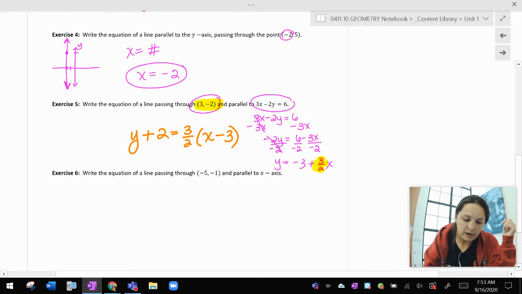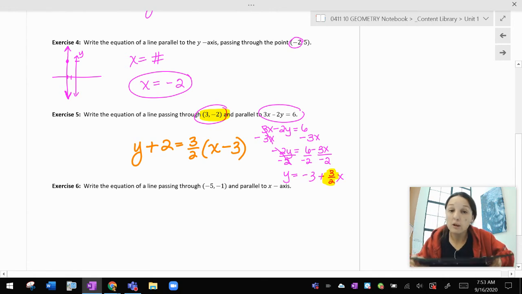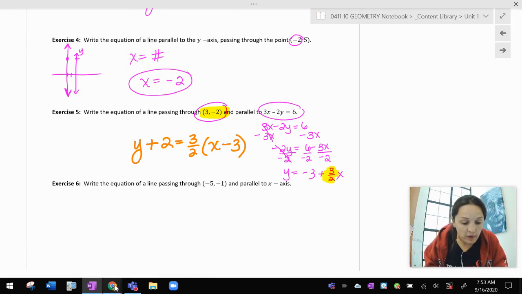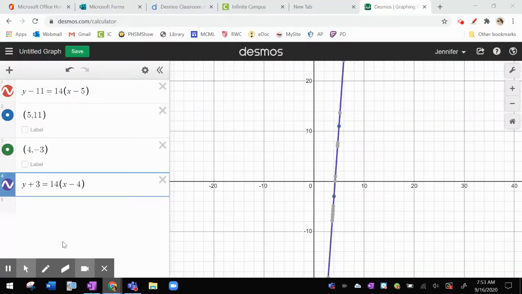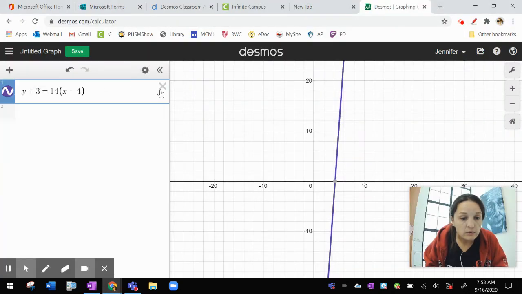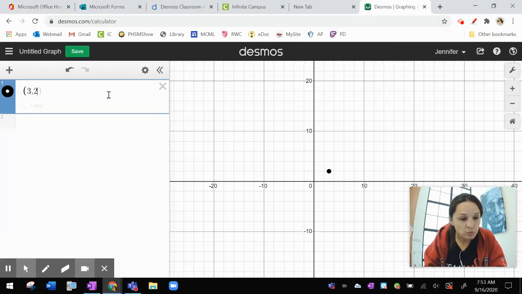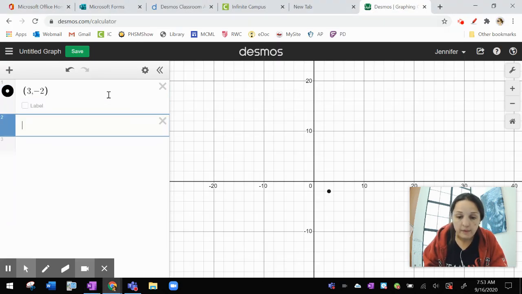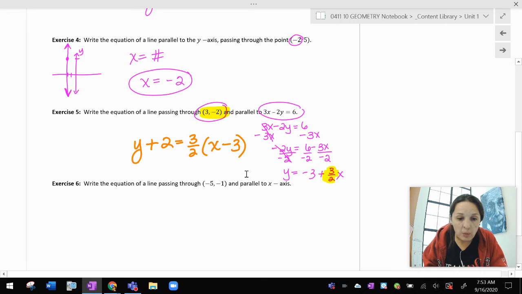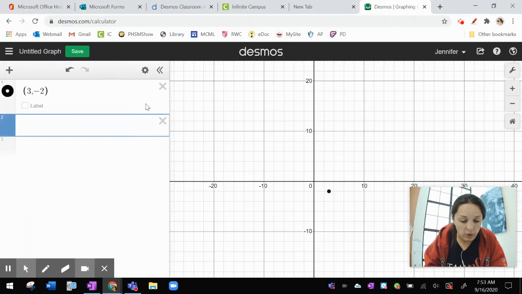Mrs. Vibber, I'm not convinced. Are those really going to be parallel? Desmos to the rescue. Let's just make sure. So if I bring up Desmos again, I'm going to clear this all out. And we want it to do what? We want it to pass through (3, -2). So there's my point. I want it to be parallel to 3x minus 2y equals 6.